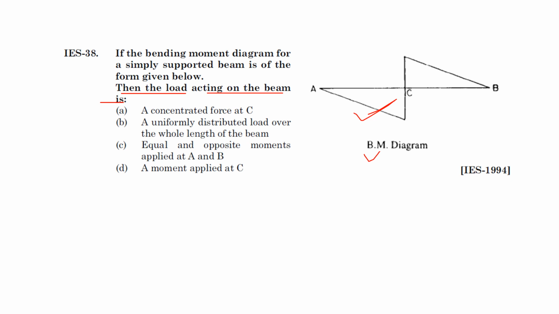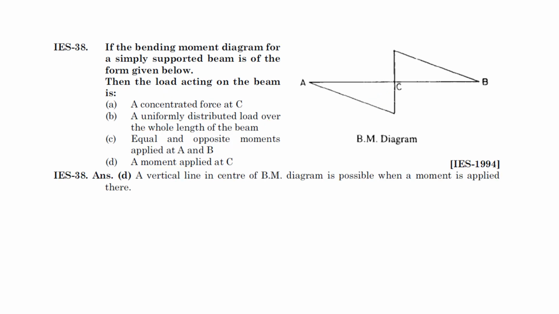What type of load is acting on the beam: a concentrated force at C, a uniformly distributed load over the whole length of the beam, equal and opposite moments applied at A and B, or a moment applied at C. So this is actually a moment applied at C. If you remember the previous question, it is the same problem. So the answer is D.